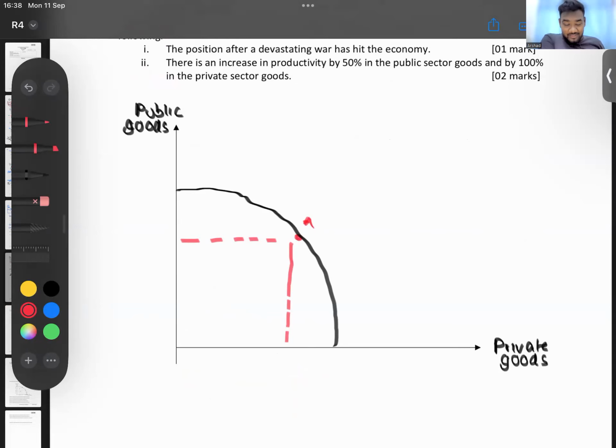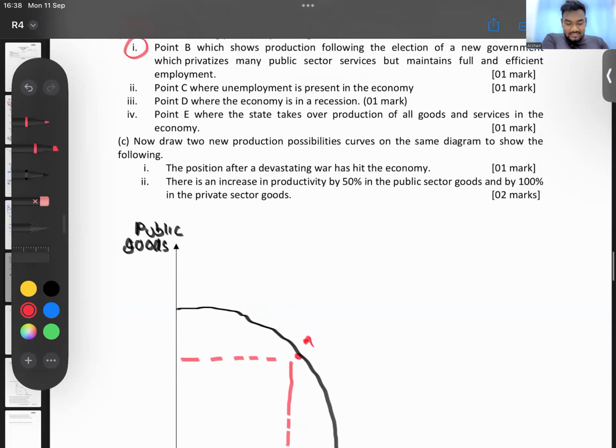So what is happening over here? They are saying point B, which shows production following the election of a new government, which privatizes many public sector services but maintains full and efficient employment.